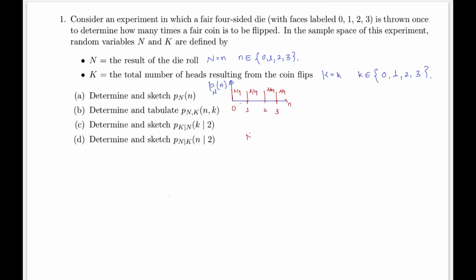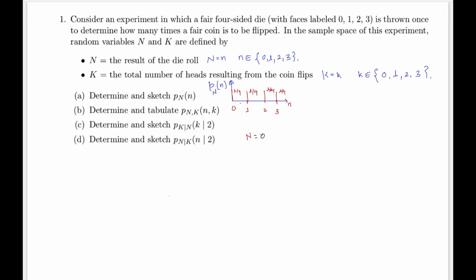In that case random variable N will take the value 0, and once you have this info, you can tell a lot about the random variable K. If throwing the die results in 0, you are 100% sure that the total number of heads is going to be 0, because if N is 0, you are not even going to flip the coin.